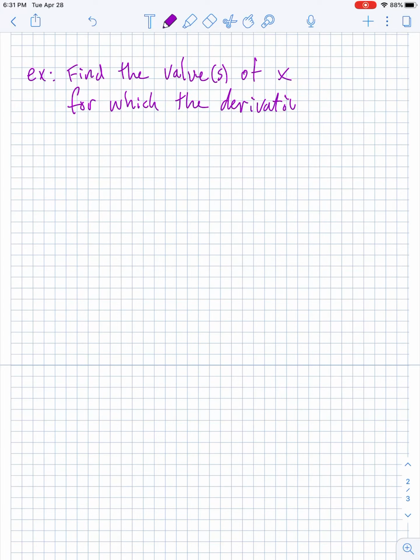For this example, find the values of x for which the derivative of f of x is equal to x cubed minus 9x squared, apologize for the handwriting, plus 13x minus 2 has a gradient of 2.